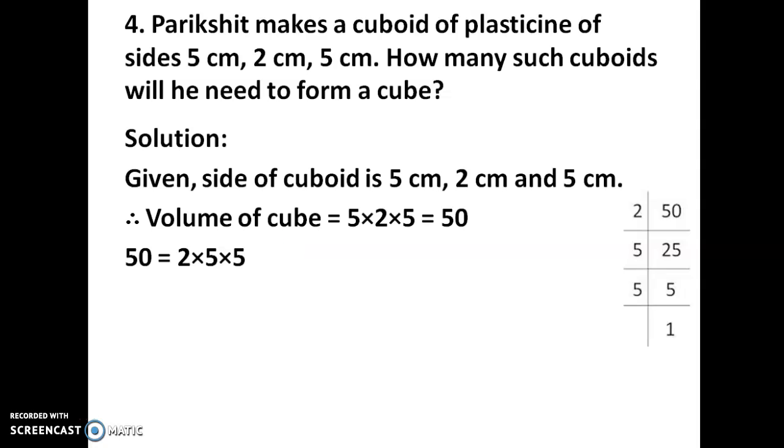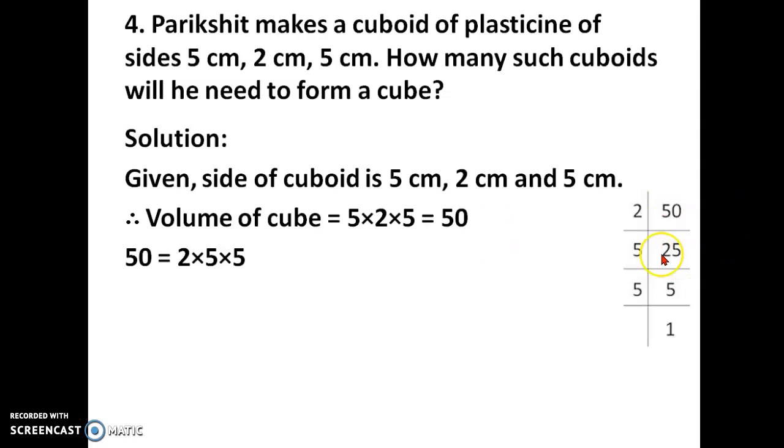Then only we can know that the thing he has produced is a cube. That's why we are using cube here. Actually, first he has a cuboid only. So initially it is a cuboid. He is going to add some more cuboids to make it in the form of a cube.